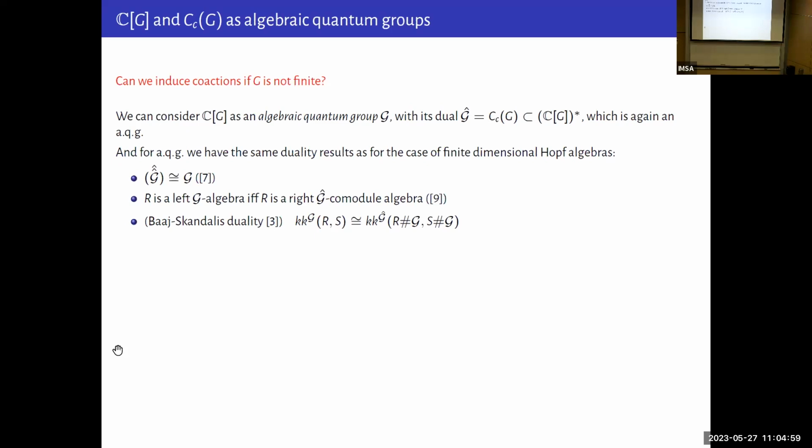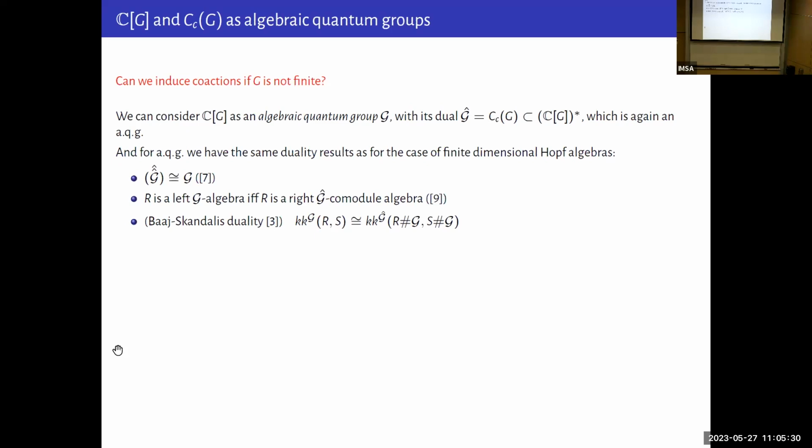If we have a left module algebra over the algebraic quantum group, then R is an equivalent only if R is a right comodule algebra. I will say what is algebraic. And we also have this kind of duality. Note that here we have algebraic quantum group theory and algebras which are algebras over an algebraic quantum group. These groups were defined by Van Daele.